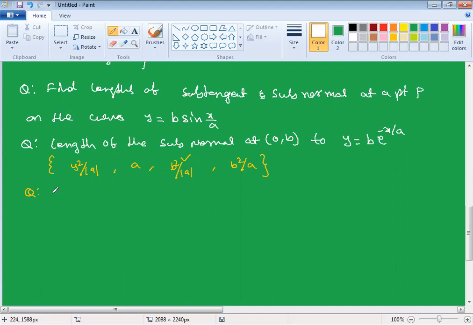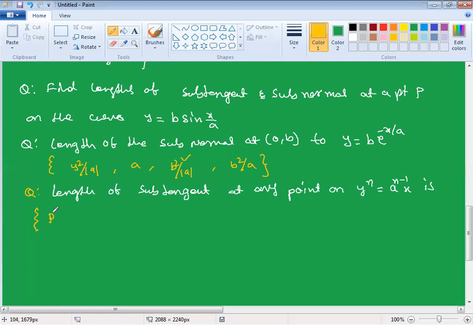The question is: length of subtangent at any point on the curve y power n equal to a power n minus 1 into x is option number 1, proportional to abscissa.